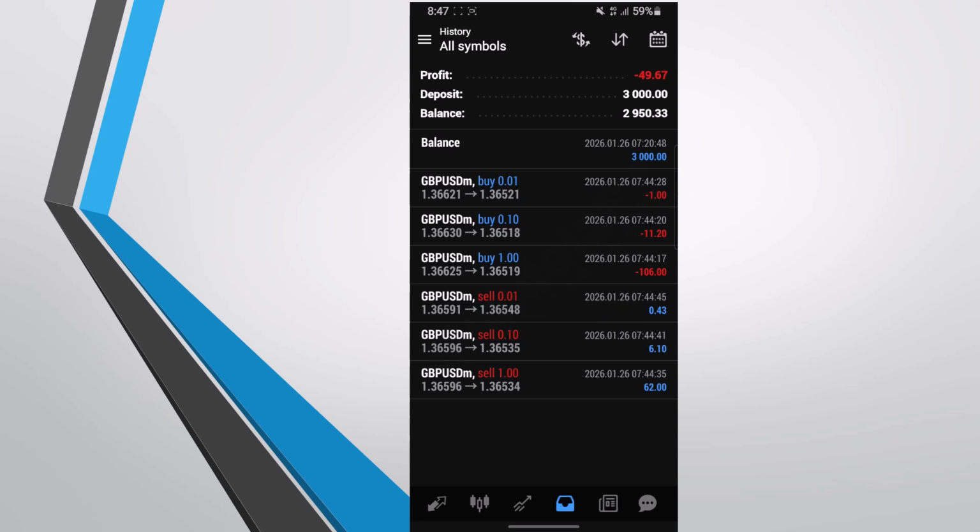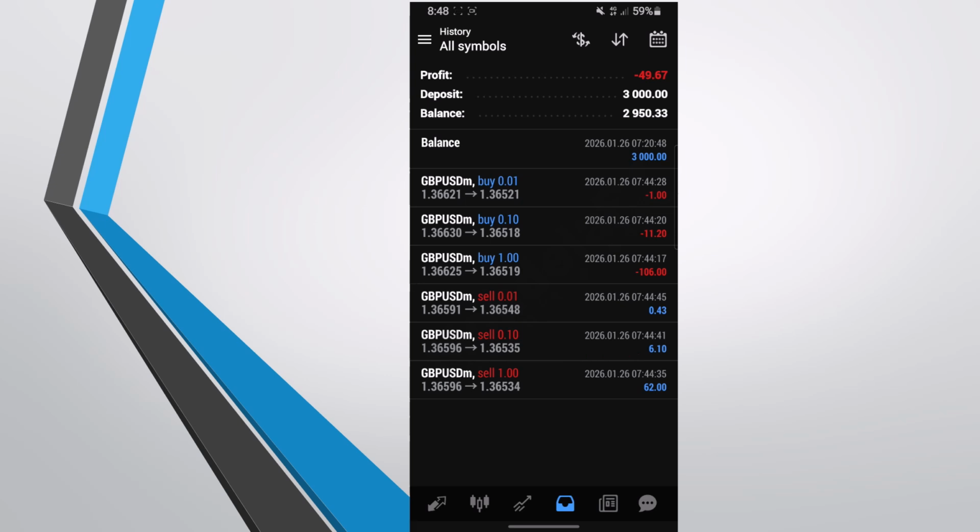Then the second one on the sell side, which is 0.10, 1 mini lot size, is giving us $6.10. This one ran 6 pips. It's not up to 10 pips. If it is up to 10 pips, it's going to give us $10 profit. But I didn't allow it to run up to 10 pips before I close it.